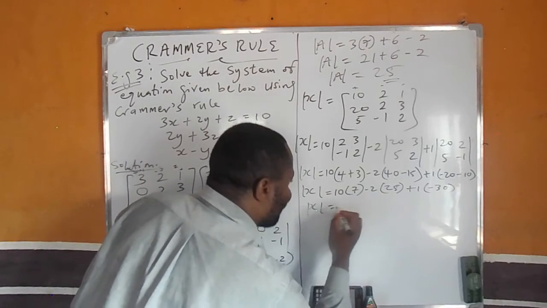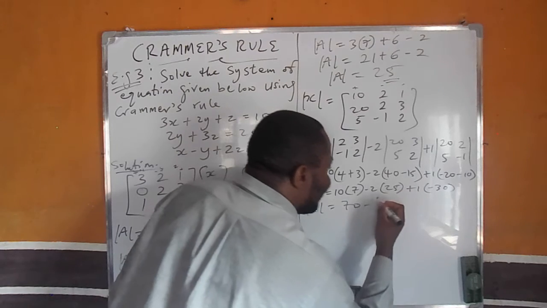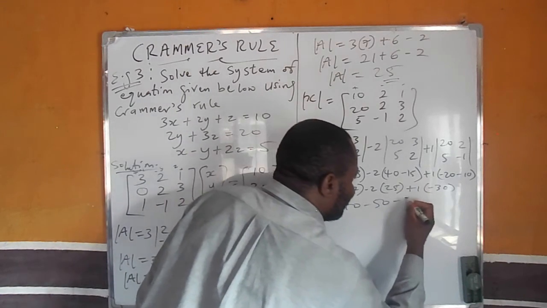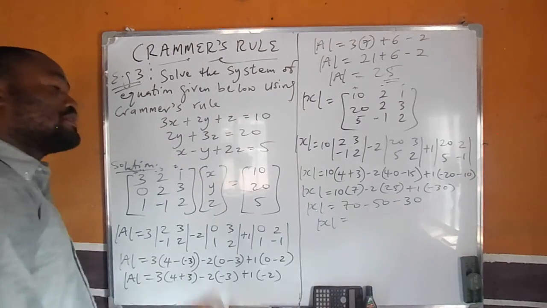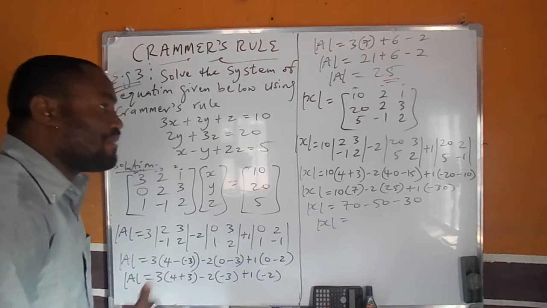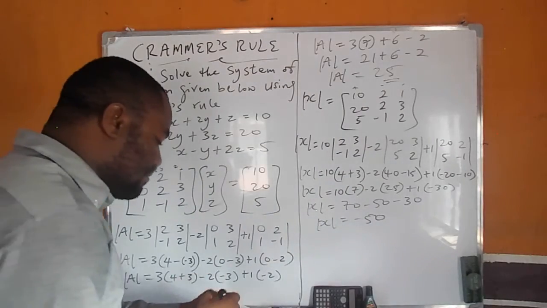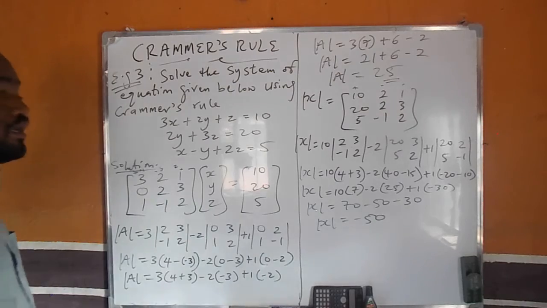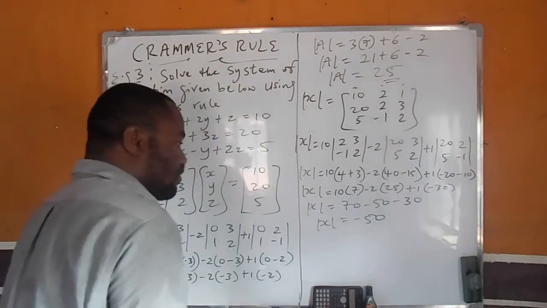Which the determinant of x equals 10 times 7, 70, -2 times 25, 50, plus times minus, -30. Which equals 70 minus 50, 20. 20 minus 30 will give us -50. So this is our determinant of x.